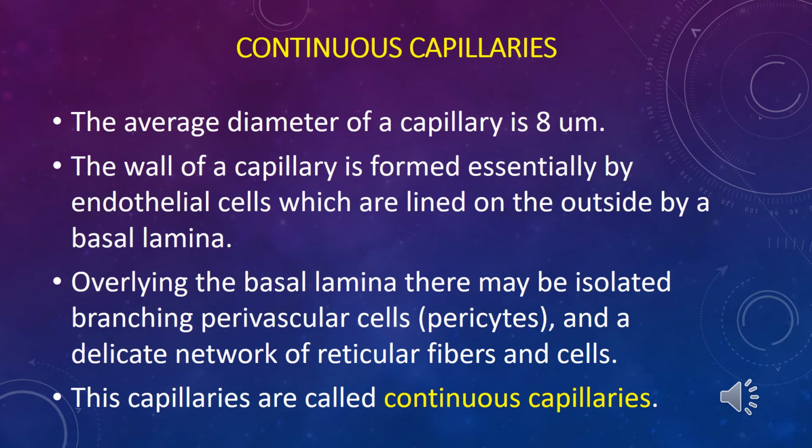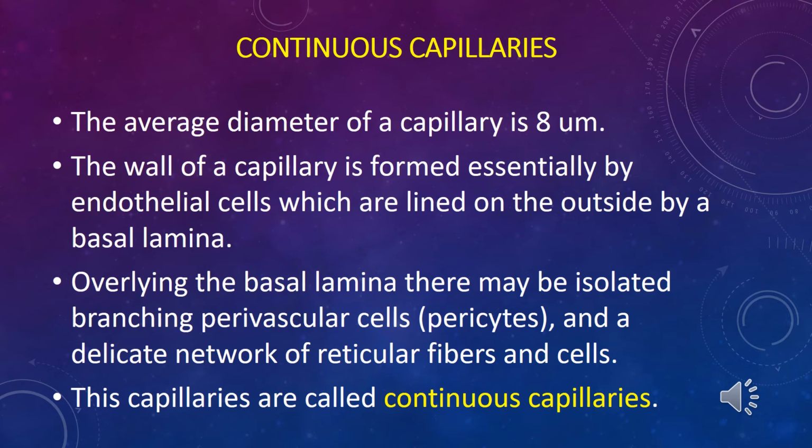Continuous capillaries are smaller, with a diameter of approximately 8 micrometers. The wall of the capillary is formed by endothelial cells which lie on a basal lamina, and in the outer part of the basal lamina are specific perivascular cells, pericytes, and reticular fibers.